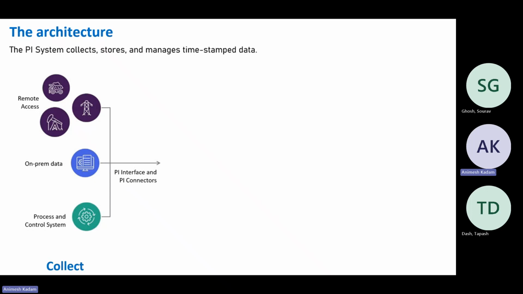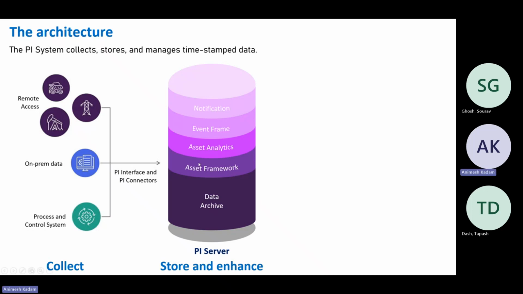So you will be able to collect data from almost all types of digital equipment. If data is in digital format, almost any format, you will be able to collect the data. So going forward, these are the components of a Pi system.